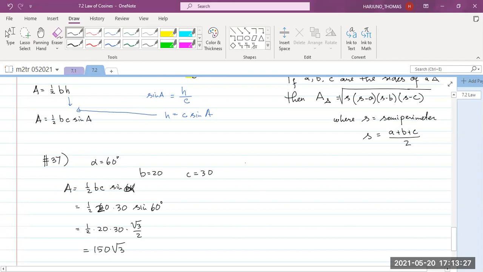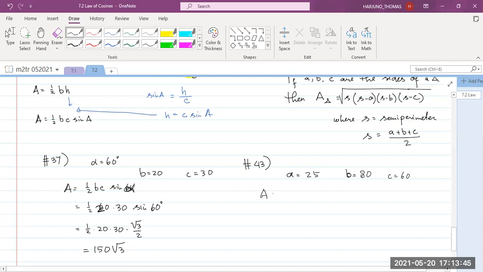Okay, now what if we have number 43, where we have all three sides: A is 25, B is 80, C is 60. So we don't have any angle.